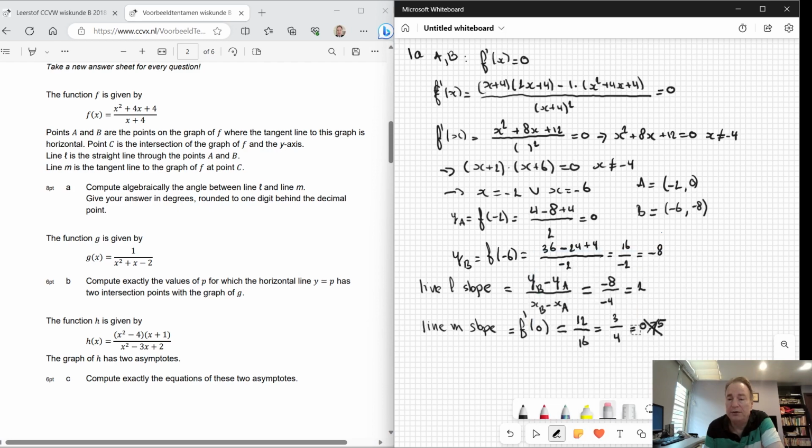Either way is fine because we have to plug it in a calculator anyway.